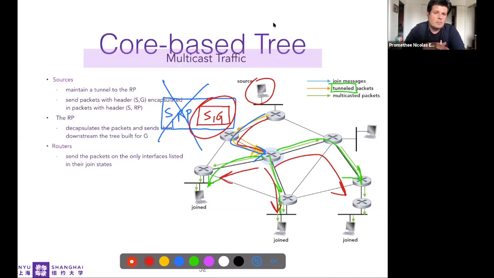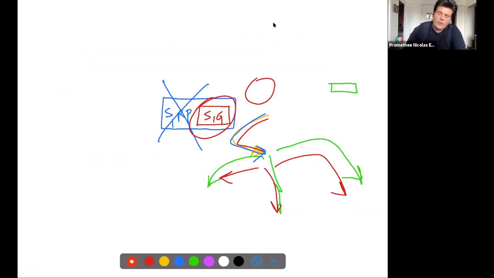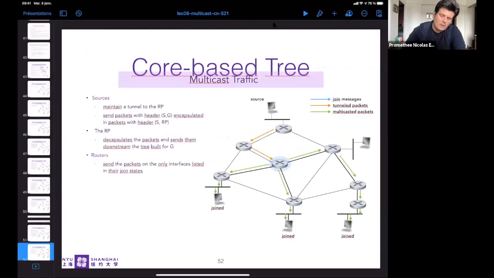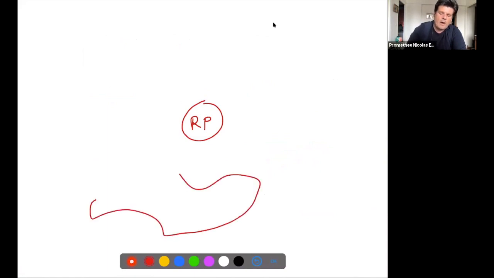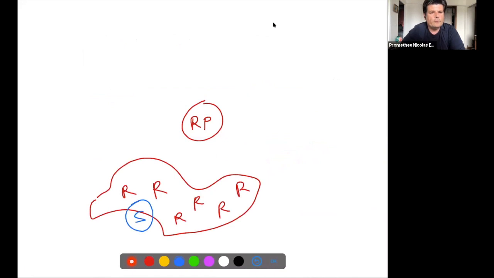Any questions regarding this? So as you may see, one of the problems that we have here is the fact that the rendezvous point is basically the drawback of this. Why? Because let's say you have a lot of members in one area, and basically you have the source that is very close to that group.